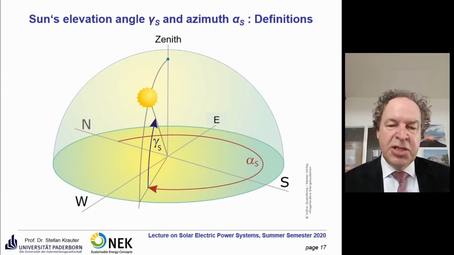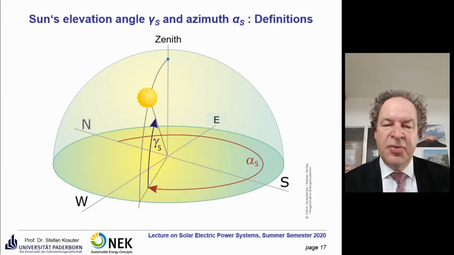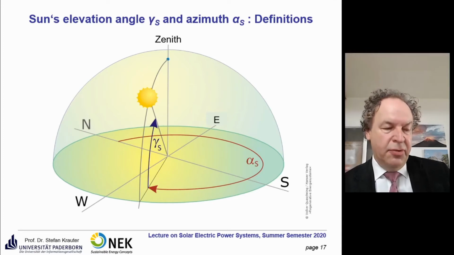In some literature, the azimuth angle is taken as a deviation from the southerly direction. We take it according to this DIN standard from the north direction. It's called alpha, and the index is also S, like the sun.